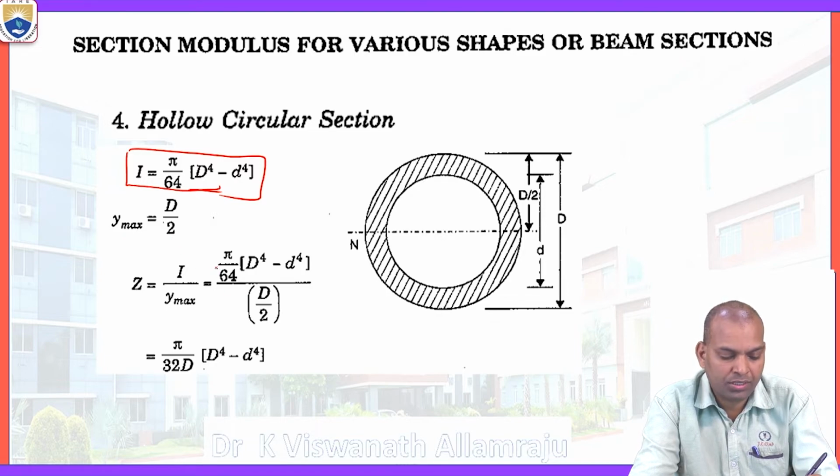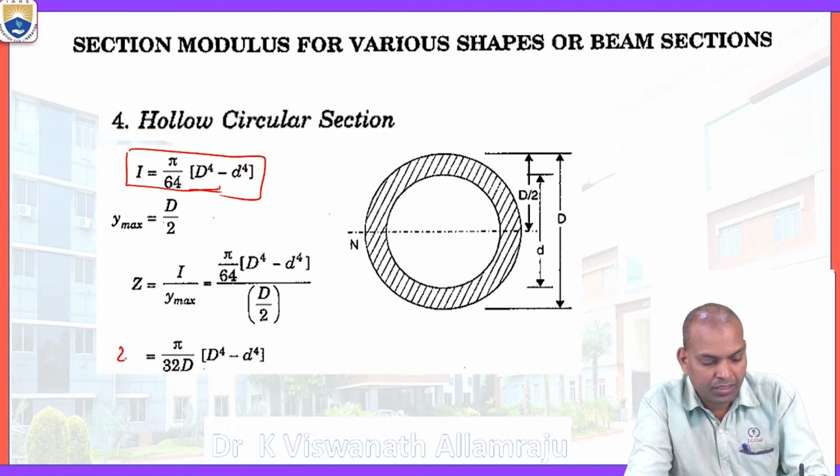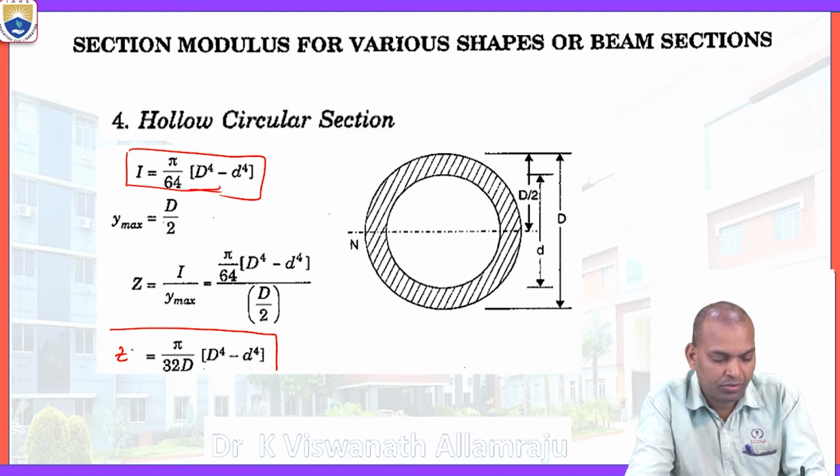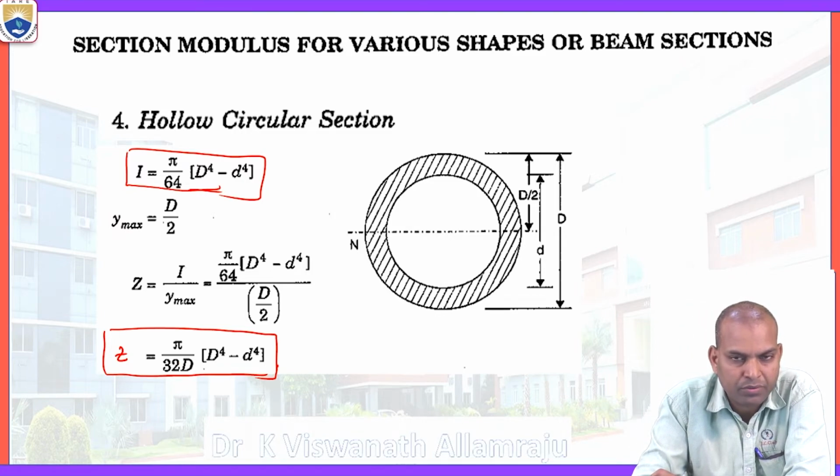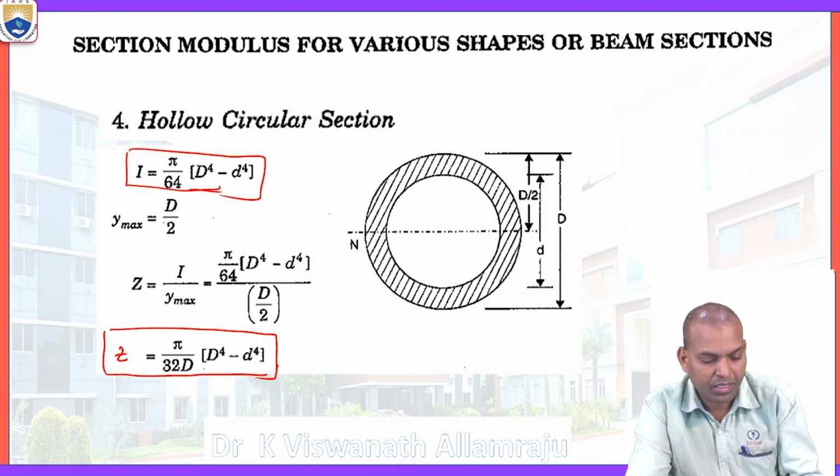After substitution, the formula for section modulus, here it is, Z equal to pi by 32 D times capital D power 4 minus small d power 4. Here capital D is the outer diameter.